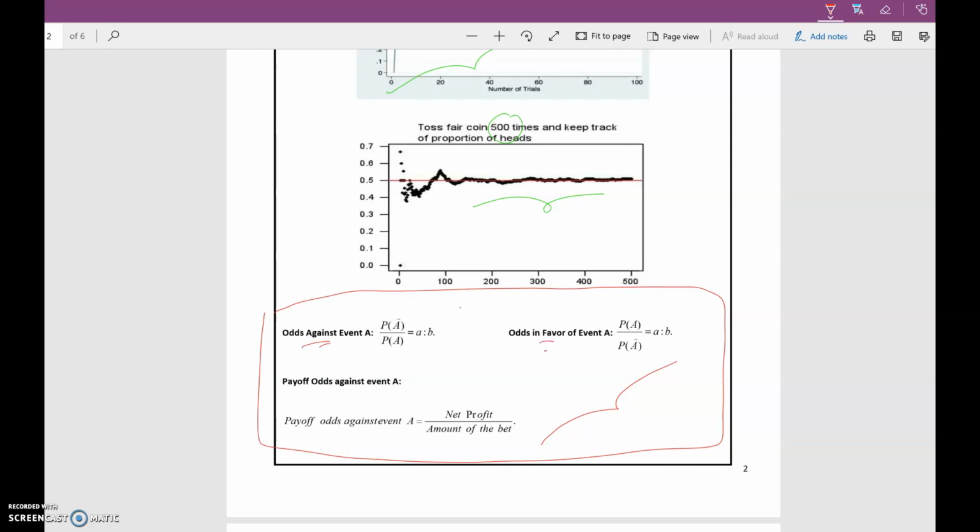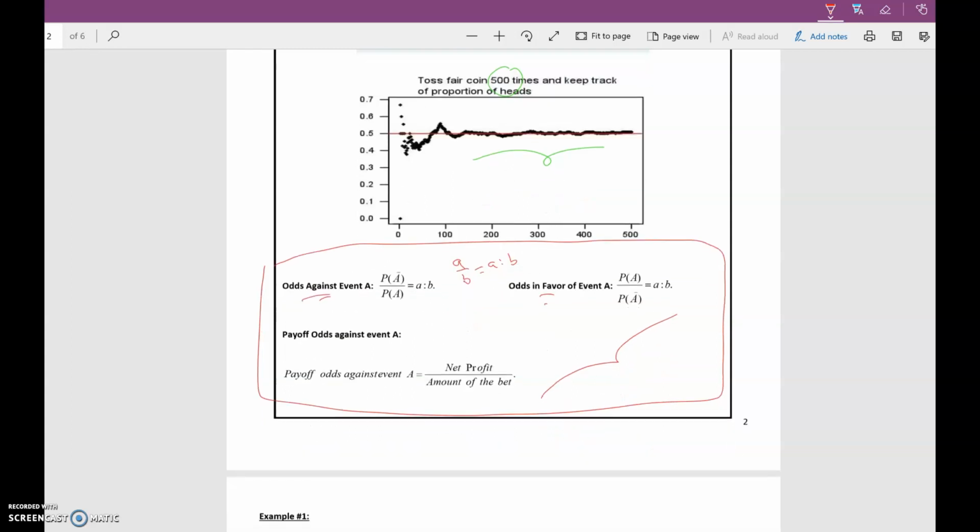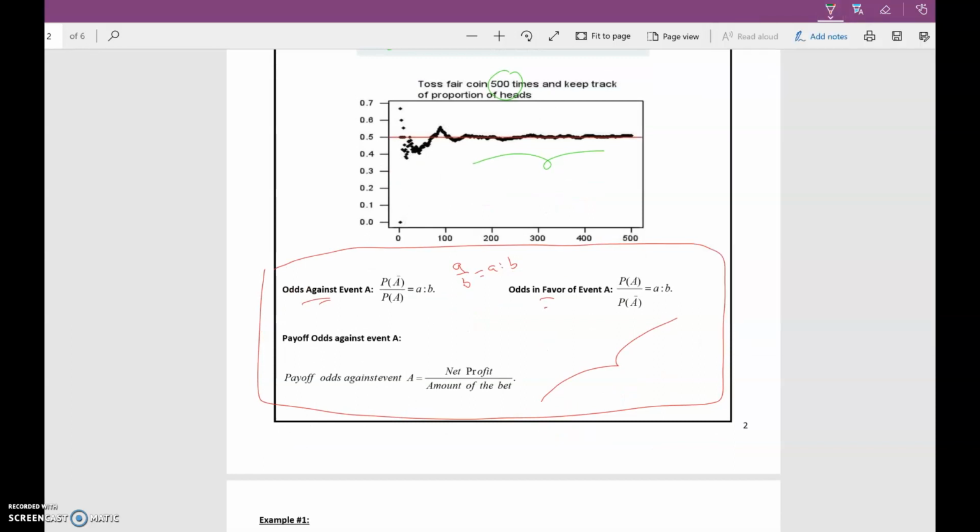Odds you express as A over B, and then as the actual notation of the odds, which is A to B. So all of these represent fractions. And then you may have a problem asking about payoff odds in case you're involving some profit, and that's the equation you're going to be using.